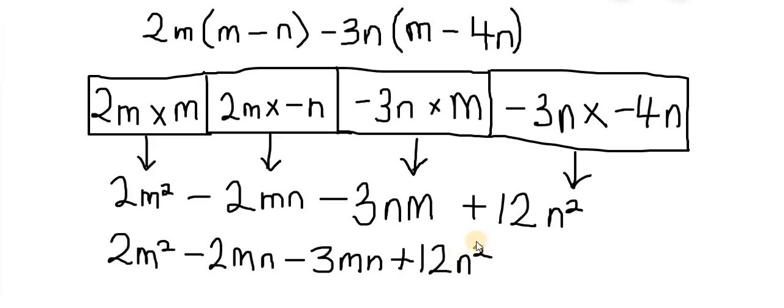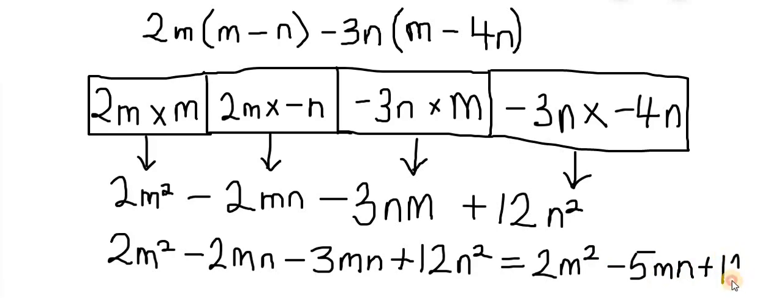And the resulting answer is equal to 2m squared minus 2 minus 3, that's minus 5. We attach the like terms onto it, minus 5mn plus 12n squared.